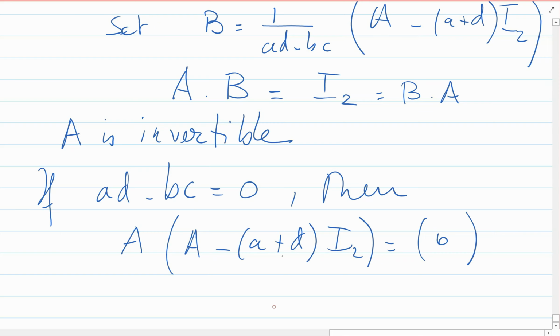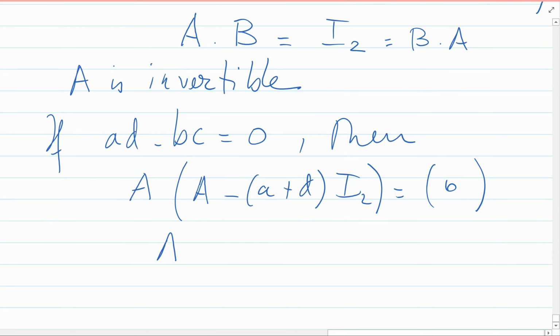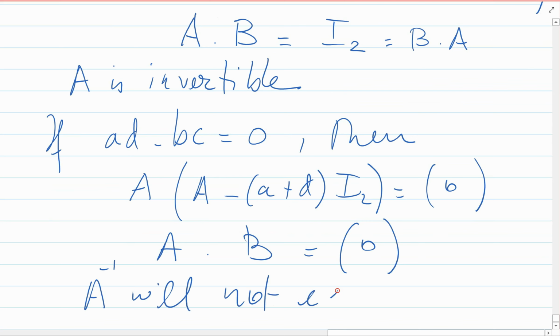Okay? In other words, what we found is a matrix A times B gives me what? The 0 matrix. Which means what? That A inverse will never exist. We discussed this. Will not exist, for the same reason as we said before, for the example.